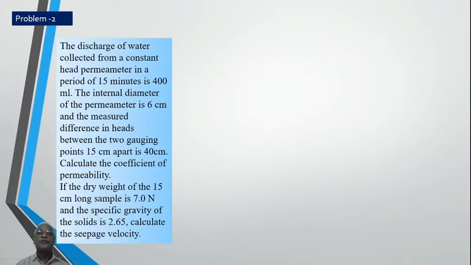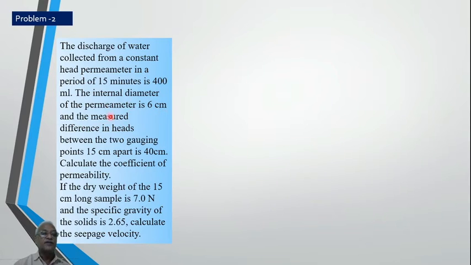Problem number 2. Okay, the discharge of water, if you read it, collected from a constant head permeability. So again it is very specifically mentioned that it is constant head permeability. In a period of 15 minutes, T equal to 15 minutes is 400 ml. 400 ml is quantity of water. The internal diameter of the permeameter is 6 centimeter. So cross-sectional area is not directly given.